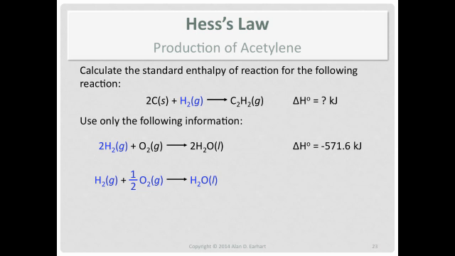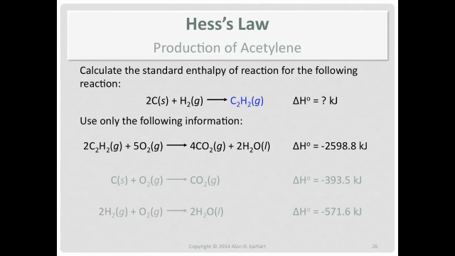So I'm going to multiply all the coefficients by a half. So that'll get me my 1 H2. And if I multiplied the coefficient by a half, I have half as much stuff. So I multiply the standard enthalpy of reaction by a half. That one, set it aside. I'll come back to it.